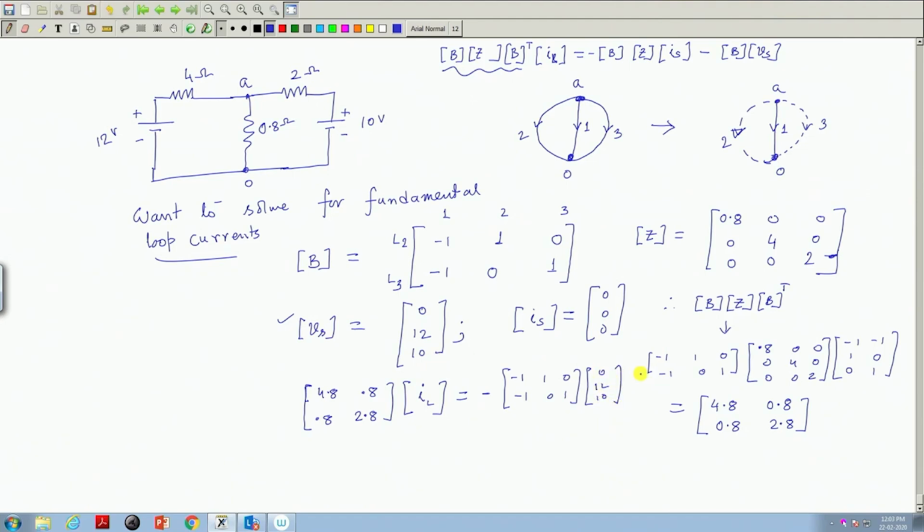Got the point? And this will then become equal to, on the right hand side, you will get 12 here and a negative. So, minus 12 and minus 10.